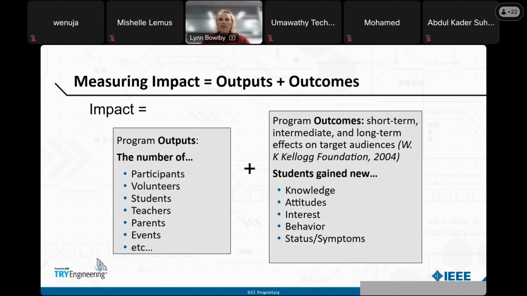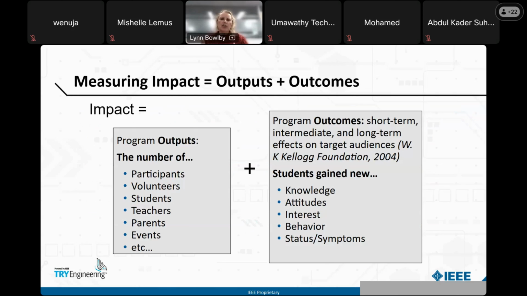But you also have to think about if students are gaining knowledge, attitudes, interest, behavior from your program. So it's thinking one step further, not just the numbers of those who are participating, but also if they're gaining new knowledge and attitudes and interest about engineering, and might consider entering an engineering program at university, and going one step further, choosing a career in engineering.